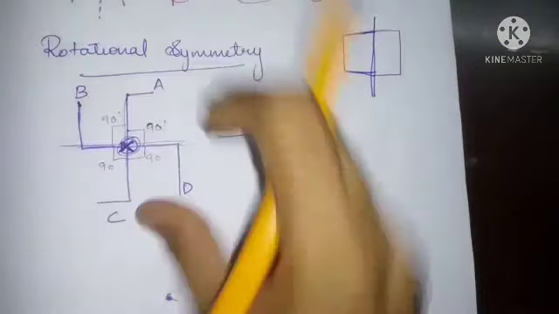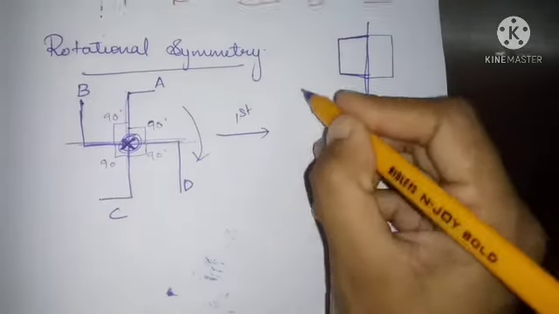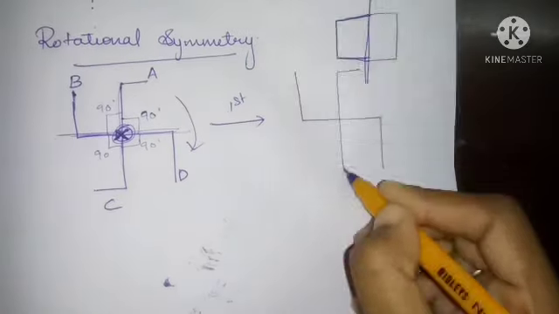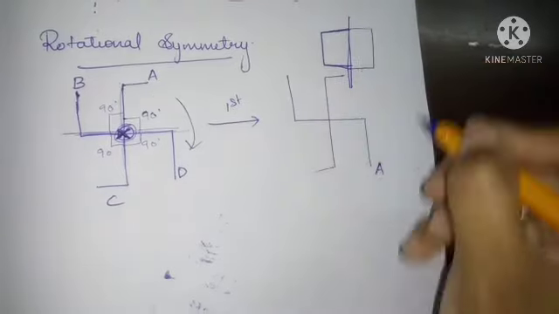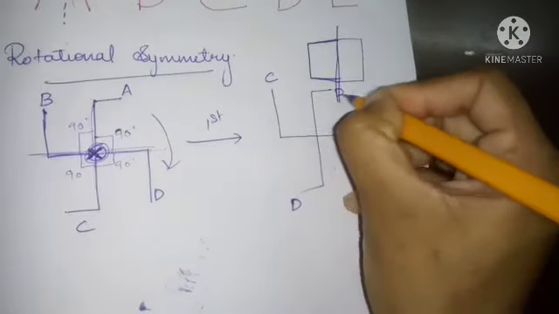So first I am going to rotate it. When I rotate like this, always rotate in the clockwise direction. When you rotate like this, A will come here, D will come here, C will come here, B will come here.